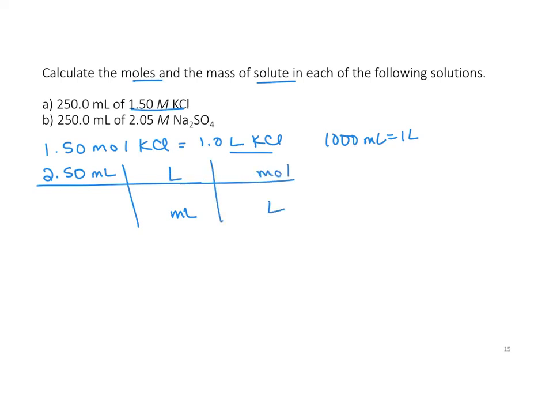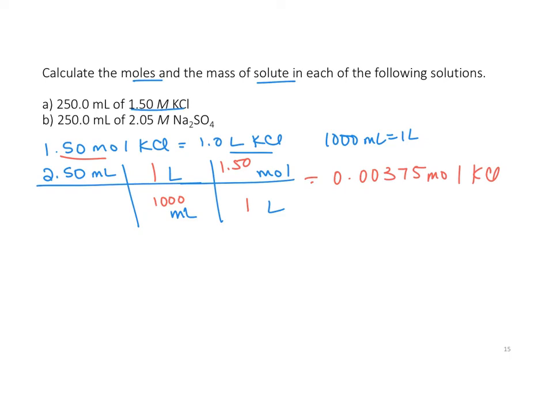And then it's just a matter of writing in the numbers. 1,000 milliliters for 1 liter, and for 1 liter we have 1.50 mole. And so now we get our calculator, and we can do 2.50 divided by 1,000 times 1.5. 0.00375 mole of KCl.